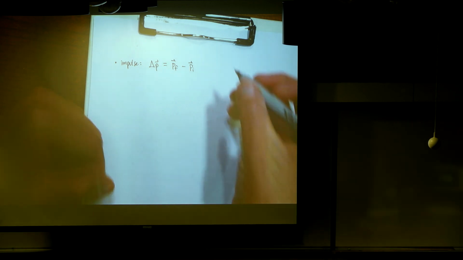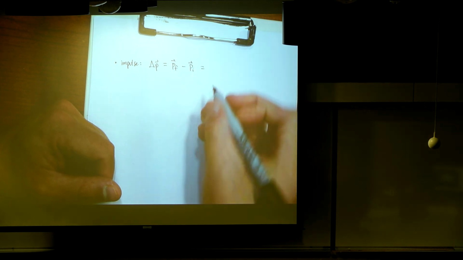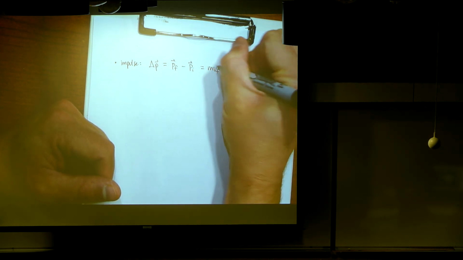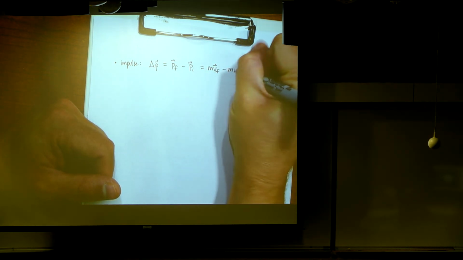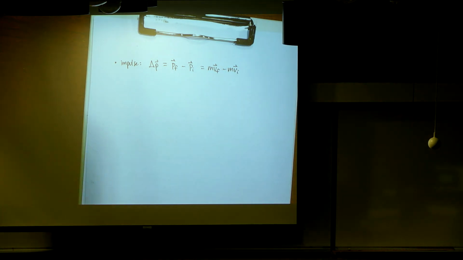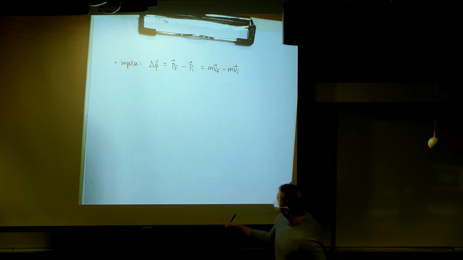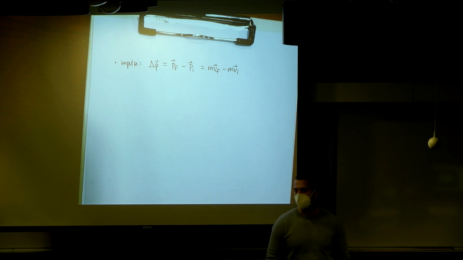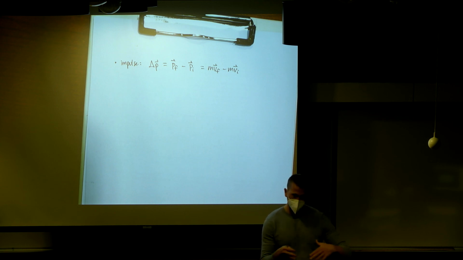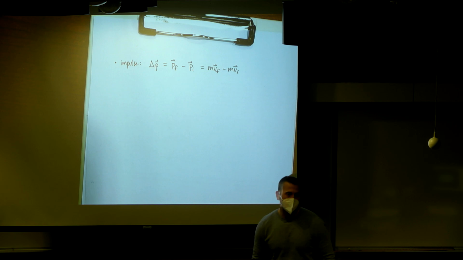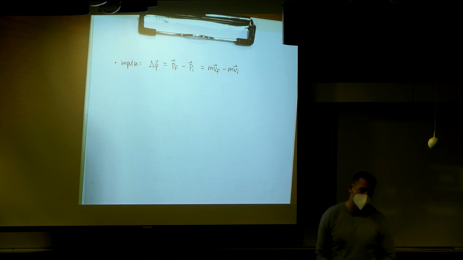So it's the mass of the ball times its velocity. So we have mv final minus mv initial. One thing that I saw people miss a lot on the last test was getting to this step, but then not treating momentum as a vector. Momentum is a vector. This is not as simple as just subtracting two numbers. We're subtracting two vectors, so we have to really account for that.